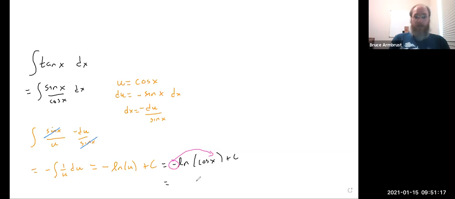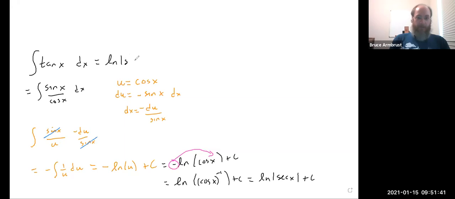So this gives me the natural log of cosine to the -1, which of course is 1 over cosine, which you guys know as secant. So check it out. We now know the antiderivative of tangent. It's the natural log of the secant of x.